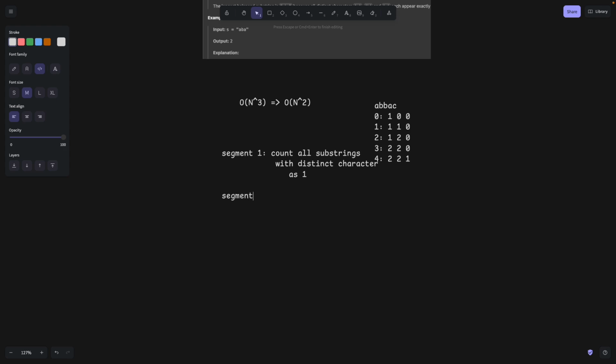Segment 2 would be count all substrings with distinct characters 2.